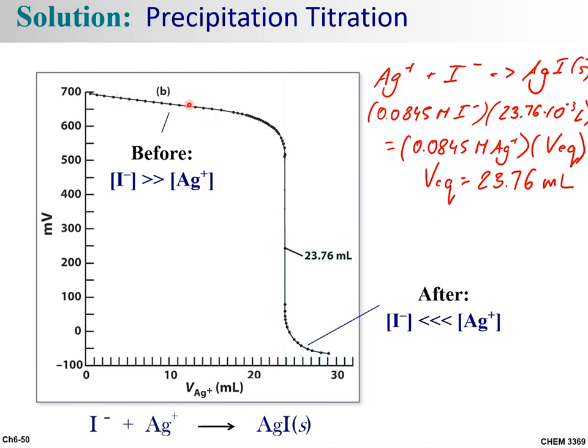Around 650 millivolts, until we get close to the equivalence point. So at the equivalence point, essentially all iodide is used up in this titration, okay? And the concentration of silver plus ions will dramatically change because we keep adding silver plus. That's our titrant.